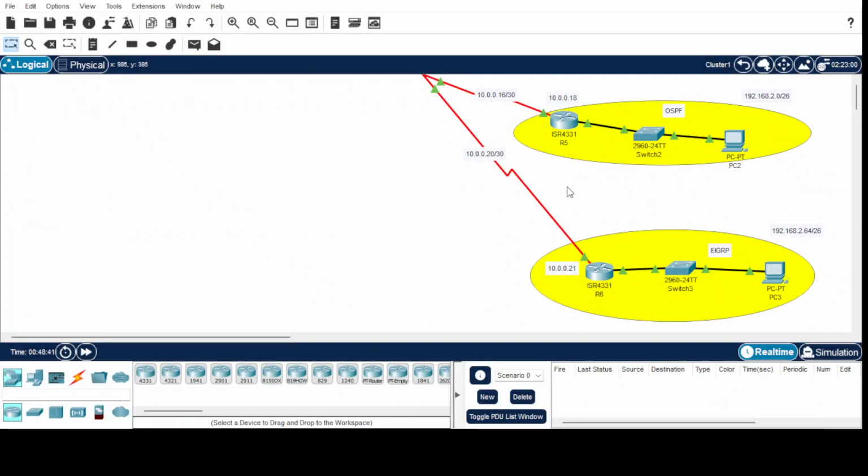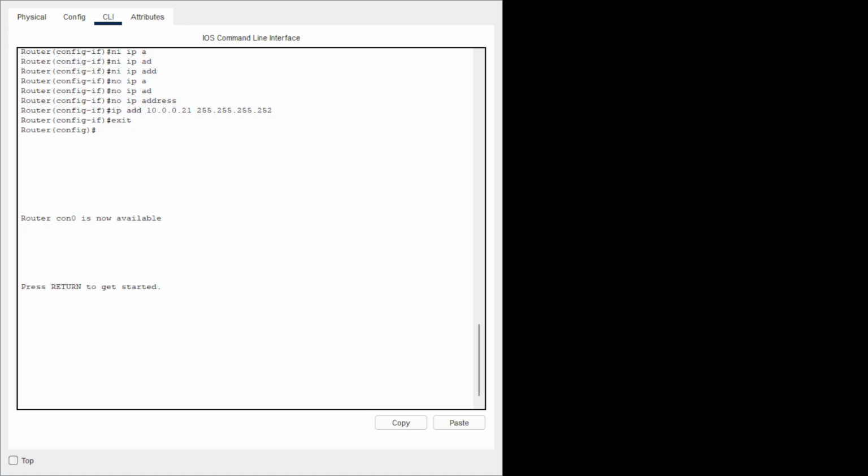Let's do the same thing for router number 6.